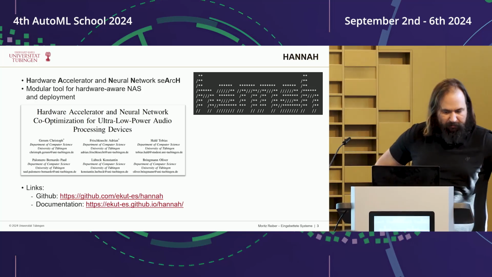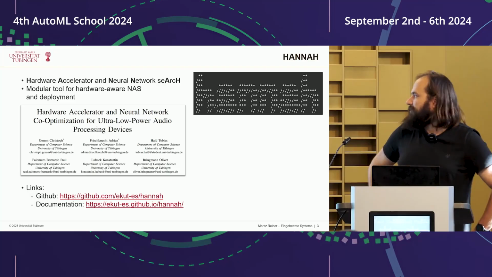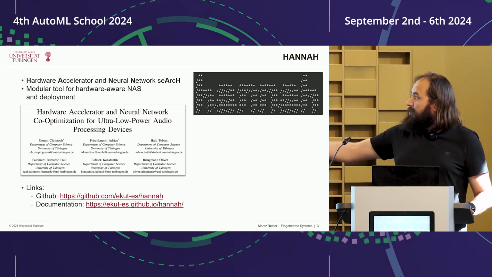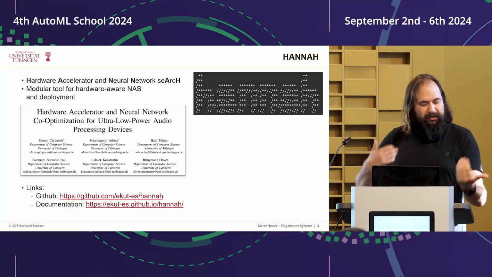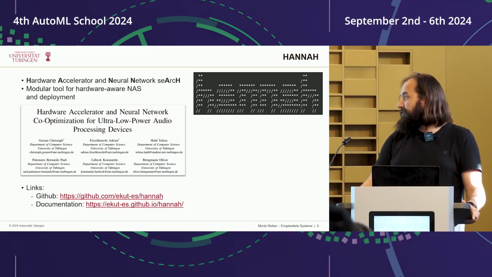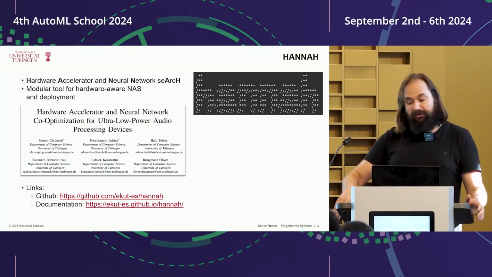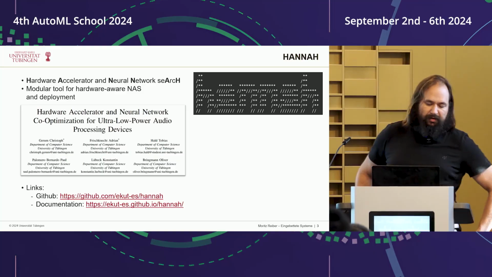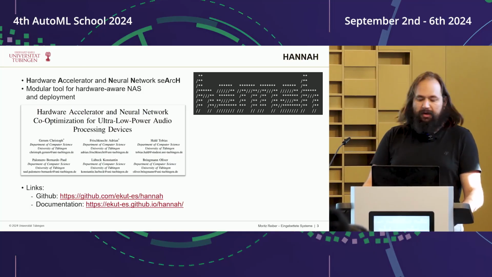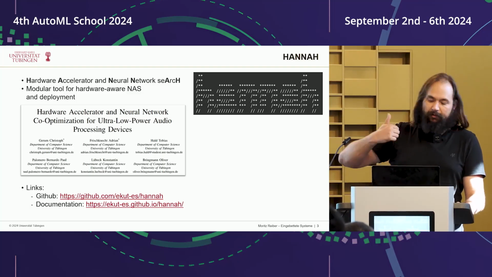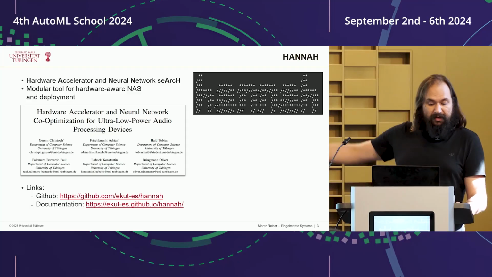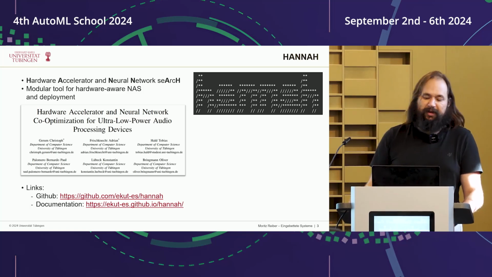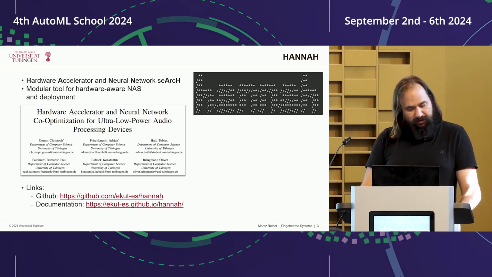Where we're coming from is our first publication on hardware accelerator and neural network co-optimization. That's the original publication. In that publication, we did the whole optimization for a very specific use case, ultra-low power audio processing devices, using a very specialized hardware accelerator architecture.